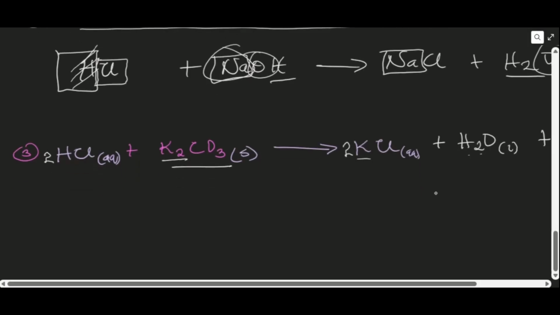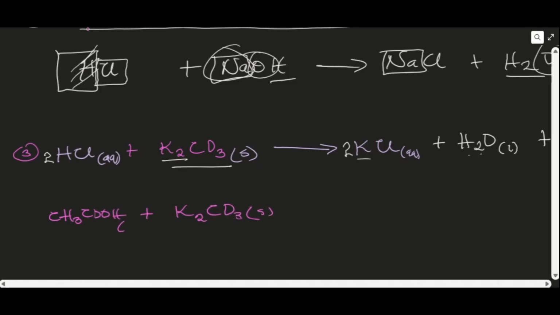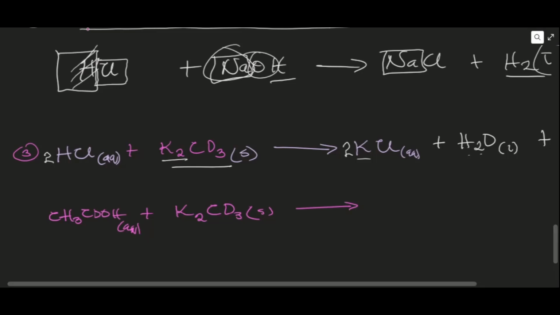So we are going to use this one to write the equation for the reaction of ethanoic acid, CH3COOH plus potassium carbonate, K2CO3. This is solid, this is aqueous, the same way. So we're going to have our KCl when we use hydrochloric acid.